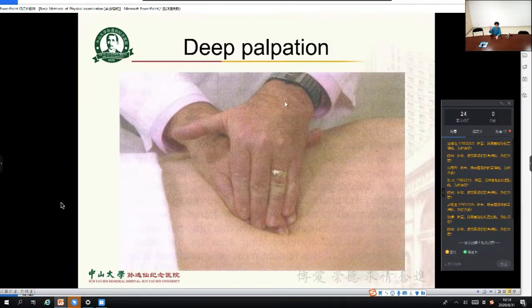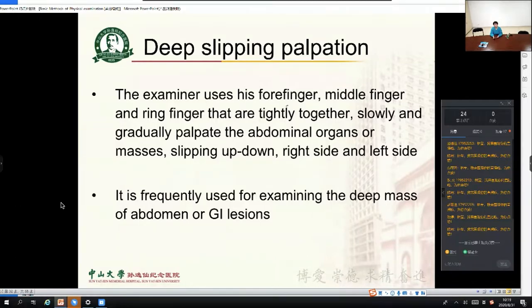We often use our right hand on the abdomen and use the left hand to apply pressure to feel the deep organ masses. This is the deep palpation. We also perform deep slipping palpation.